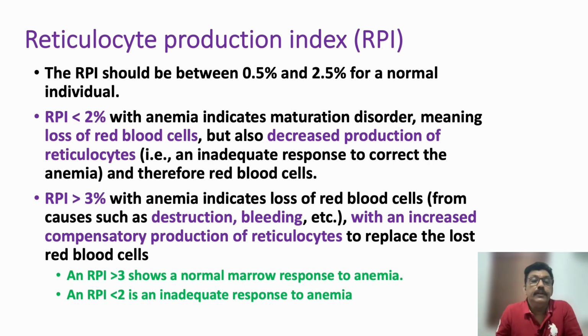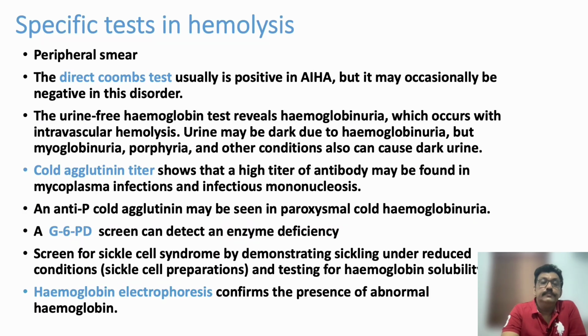That means there is a failure in the bone marrow. So 2 to 3% indicates there is a good response from the bone marrow, a compensation occurring from the bone marrow production. If it is less than 2, then there is no compensation, and the bone marrow itself is failing. That is very, very important.